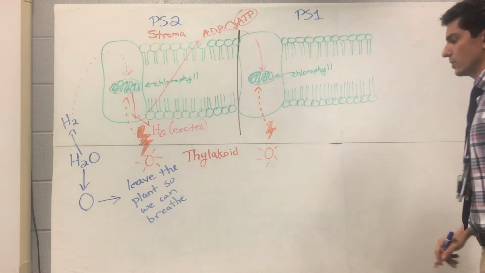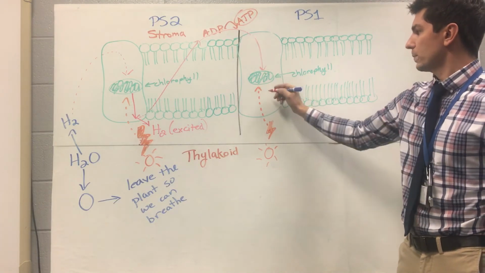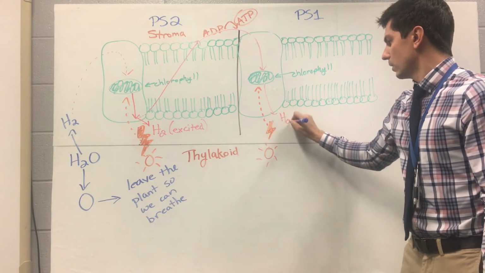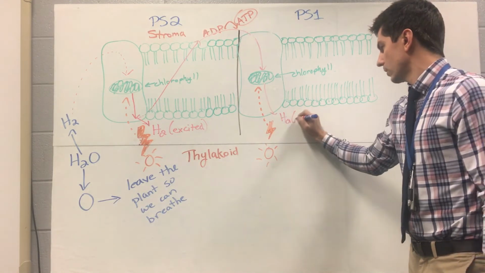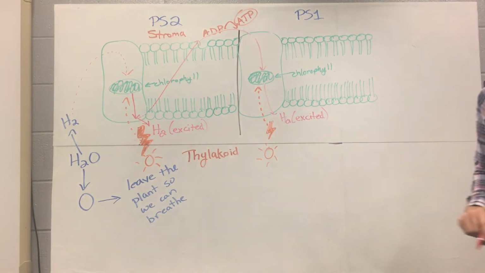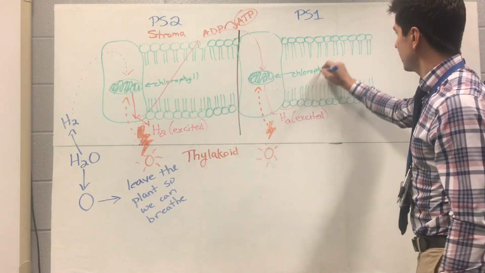It's going to get excited by having some of the energy from the sun that was absorbed by the chlorophyll, and now it's down here. So once again, our hydrogen electrons are excited. Okay? After they're excited, they're once again going to go to the stroma side, which is up here.